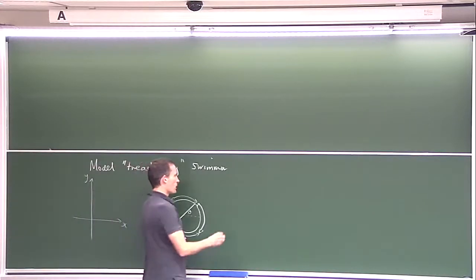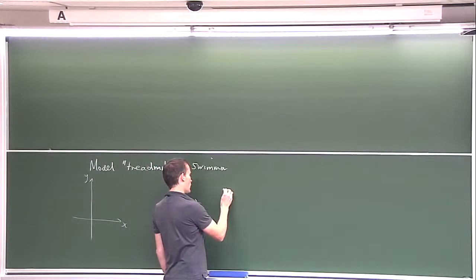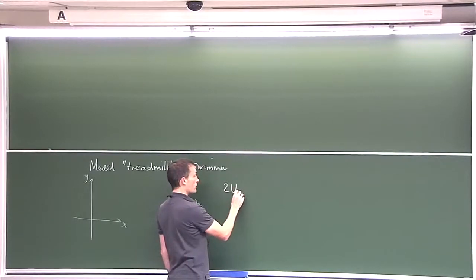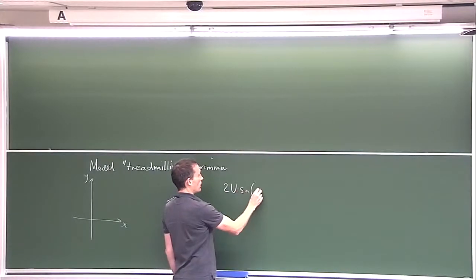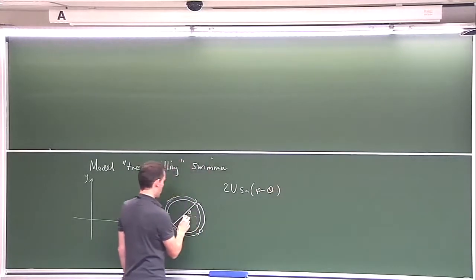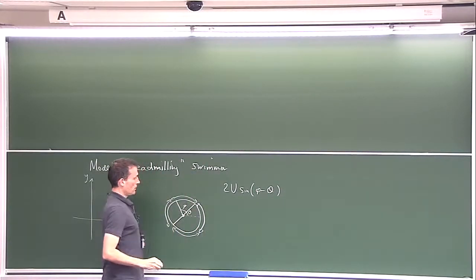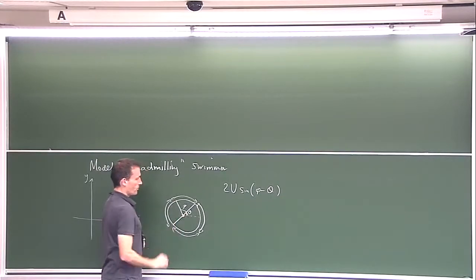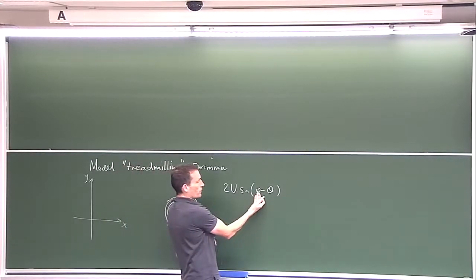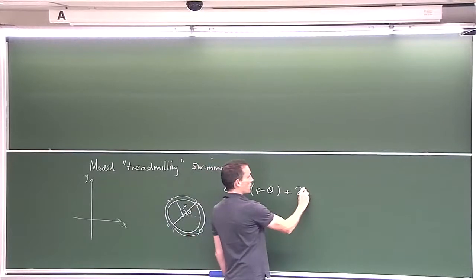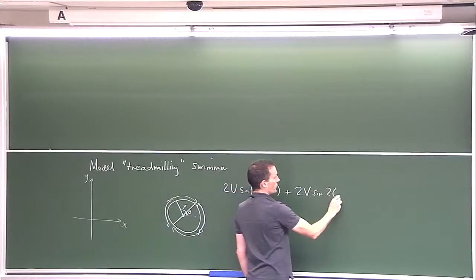And I actually took this case. I think it was 2. This is the velocity, the tangential velocity, sine(phi minus theta). So from this angle is phi, this angle is theta. Then I've got sine of (phi minus theta) plus a little bit of sine of 2(phi minus theta).